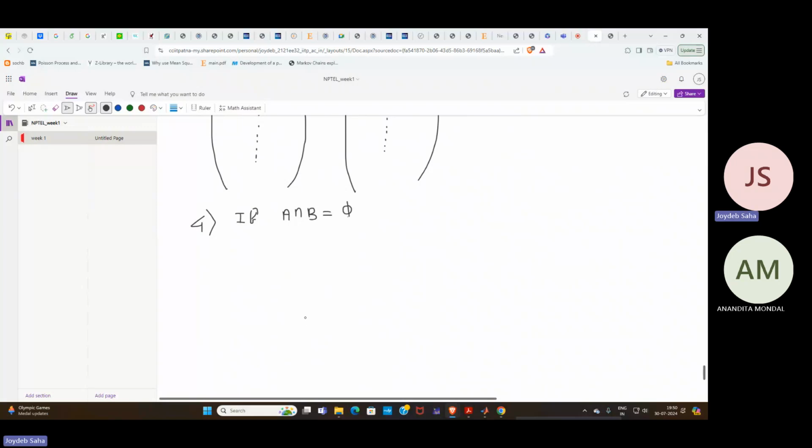Phi means a set with no elements. So let us name it as T, as earlier it was S. So whether T is countably infinite.